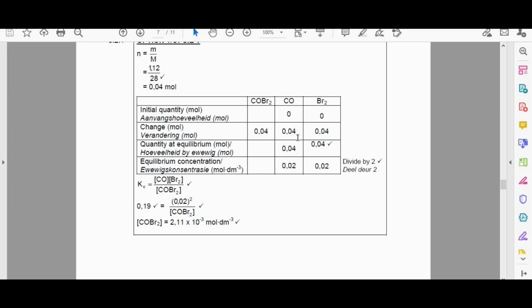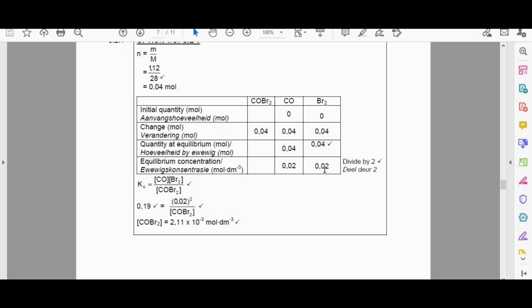Because at equilibrium, that minus that must give us the equilibrium mole. So we knew that was 0,004. That also is 0,04 because of the mole ratio, 1:1. Same story here. Because they're all 1:1:1, all the moles for the change row are the same.